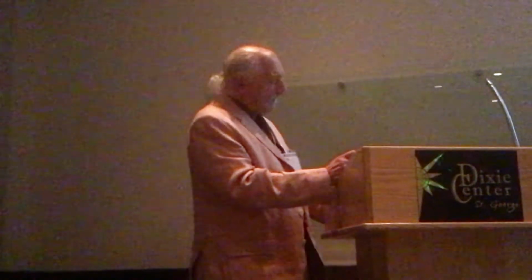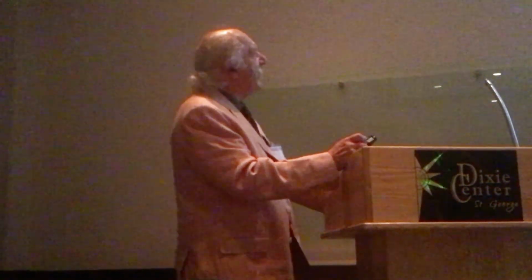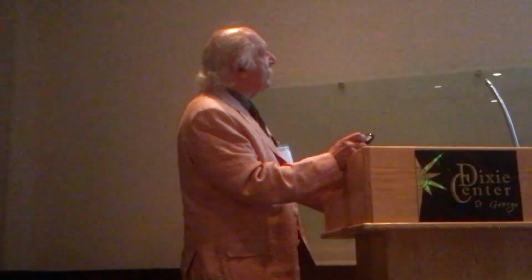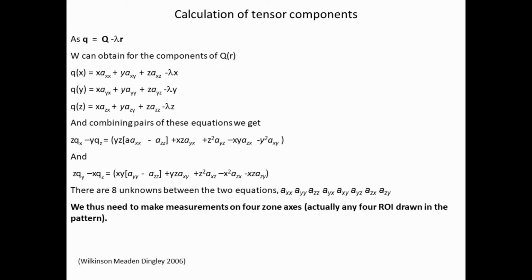Well, this is just the only bit of mathematics I'm going to show today, but it's all described in that paper, the WMD paper. The essential thing is we have to solve this equation. Of course, we can break the deformation on the phosphor screen into an x, y, and z component, and those are related to the x, y, z coordinates of the vector r that gets distorted, and the distortion in the x-axis in the x direction, the y-axis in the x direction, etc. So you end up with these three simultaneous equations.